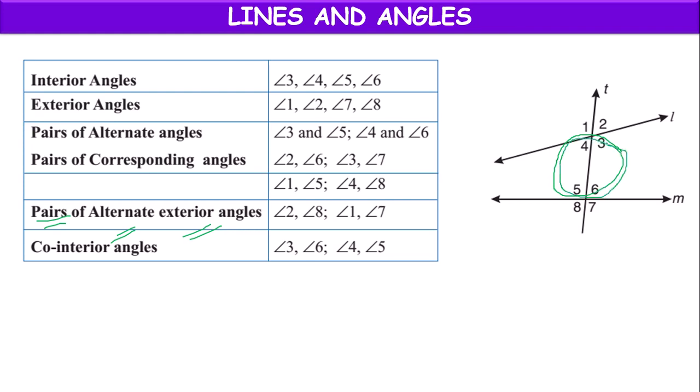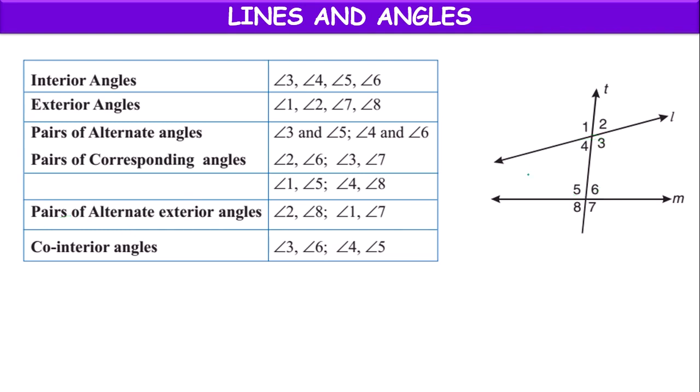Sorry, alternate interior angles. 3, 5, 4, 6 are alternate interior angles, whereas 2, 8 and 1, 7 are alternate exterior angles. So altogether, these 2 pairs plus these 2 pairs, 4 pairs of alternate angles we have, but 2 are interior, 2 are exterior.